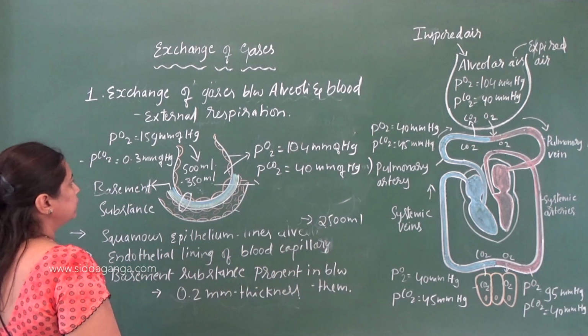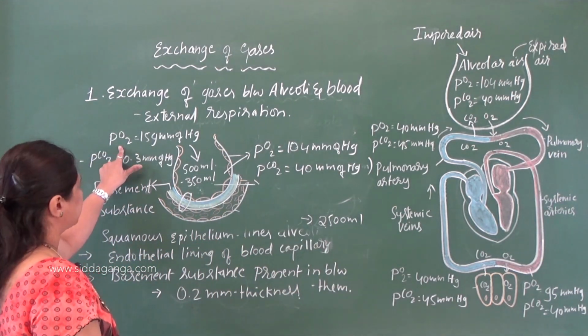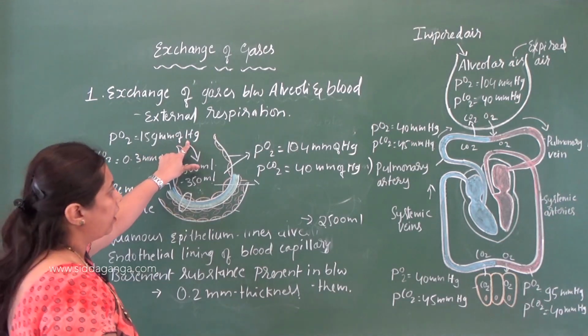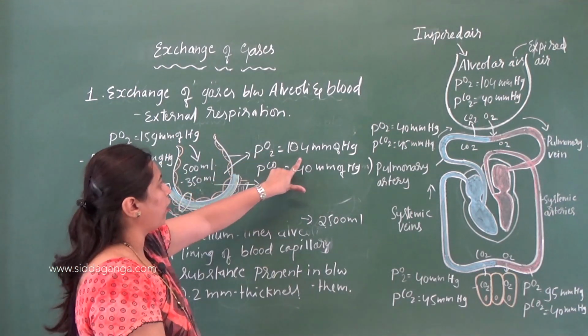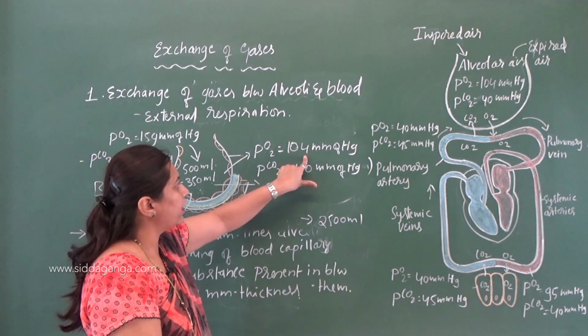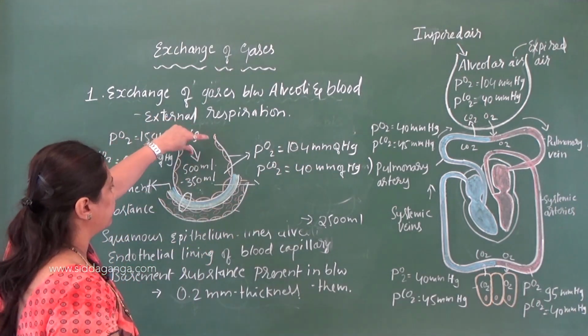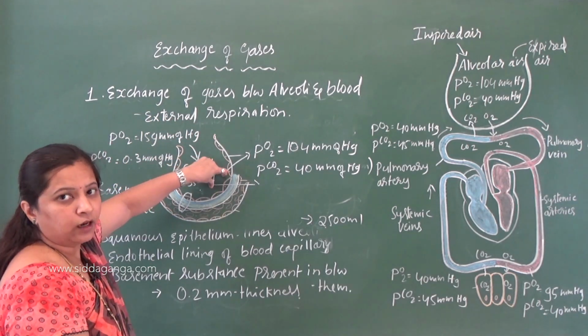Now see the partial pressure of oxygen in the atmospheric air. It is 159 millimeters of mercury. And in the alveolar air, it is 104 millimeters of mercury, so the air from the atmosphere enters into the lungs.